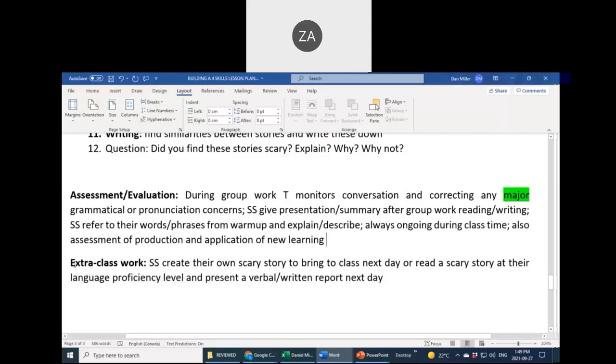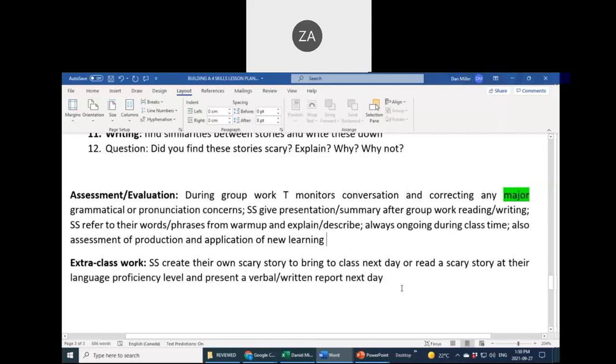That's good. And so what you've just described is this extra class work. So the assignment we give is for them to create their own scary story, bring it to class next day, or read a scary story, and present a verbal and written report the next day. Yeah, I think this is what I also mentioned last session.